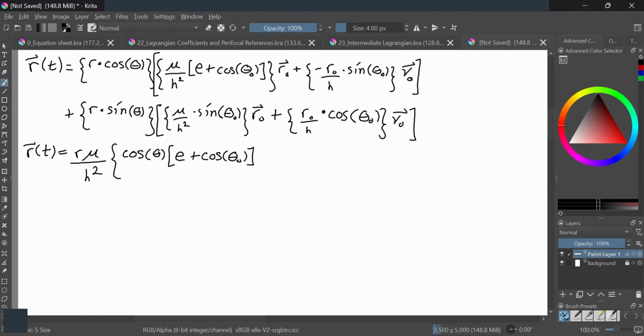All right, this now gets added by the second term, which is sine times sine. So that is sine of theta times the sine of theta naught. That is all in the r naught direction. That makes that nice and easy on us.